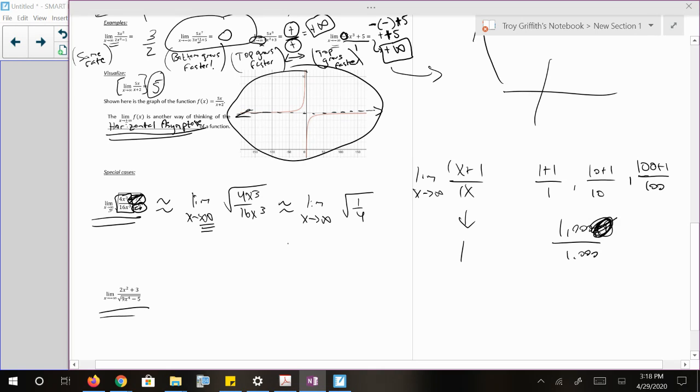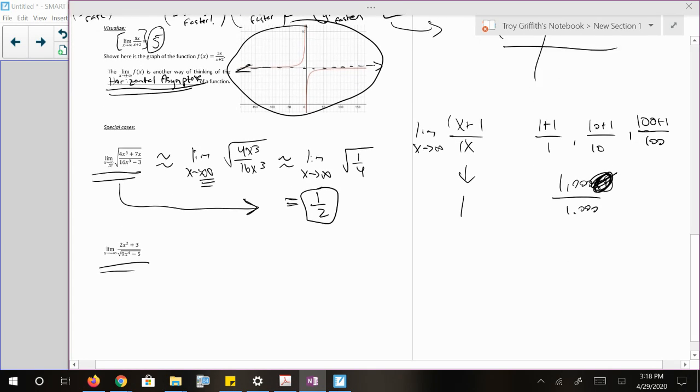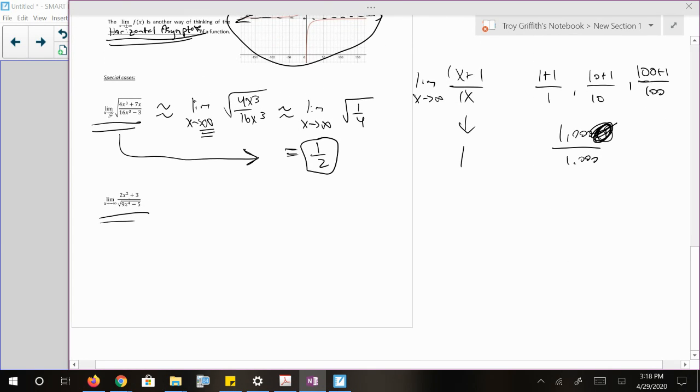One other example here to close this out, very similar to the last one. If we're approaching a value of negative infinity, let's think about what would happen in this particular function. It looks as if the top power is smaller than the bottom power, which at first glance you'd think means the limit as we approach negative infinity would be 0.